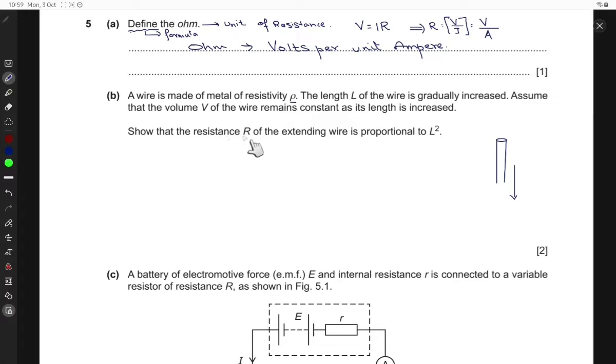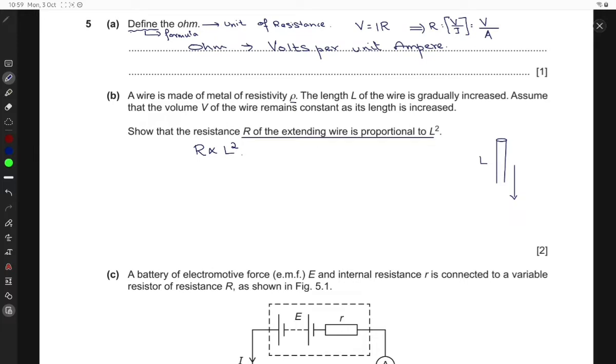Show that the resistance R of the extending wire is proportional to L squared, right? So if the length is L, which is gradually increased, we have to show that the resistance R is proportional to L squared, right?